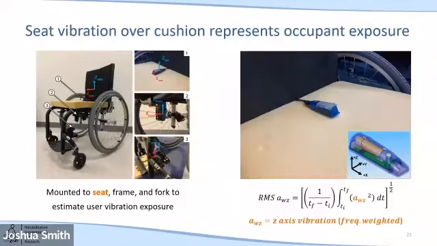We instrumented the chair with a whole bunch of accelerometers strapped all over it, to see what the vibrations looked like not only at the seat, but right under the seat on the cross member, at the drive wheel axle, and right above the casters. We don't have time to cover all of that, so I'm just going to focus on the seat, basically representing what the occupant would be experiencing during these travels.